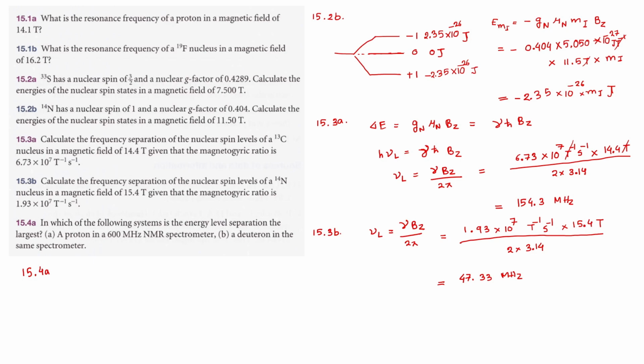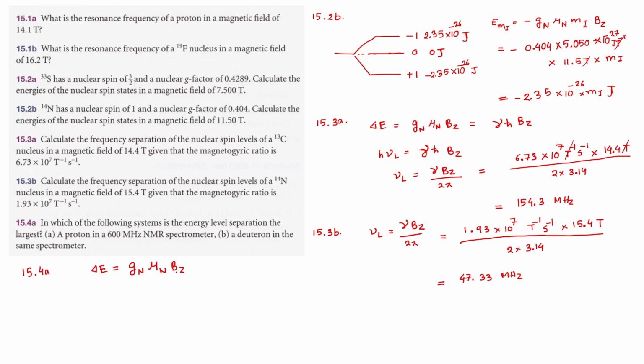In which of the following systems is the energy level separation largest? A, that is a 600 megahertz NMR spectrometer for a proton and deuterium in the same spectrometer. Now, as you can see, the energy separation delta E equals Gn, your nuclear G factor, your nuclear magneton, and then the magnetic field, right?